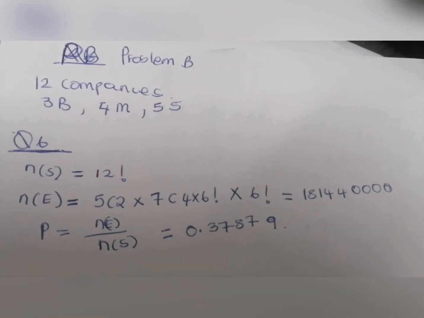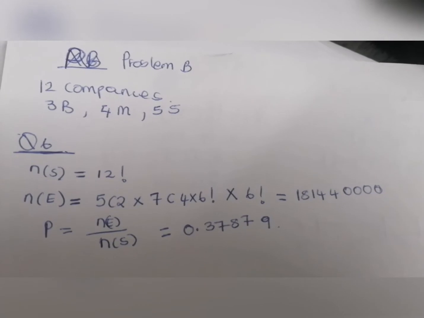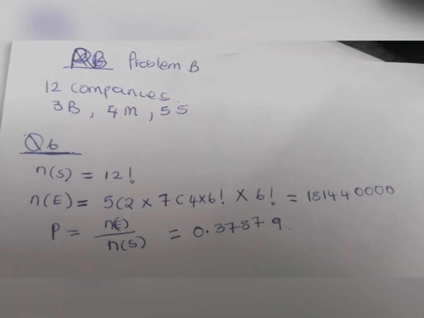Okay, this is how we obtained the answer. So again, okay guys, you will see that I didn't do question 7, and the reason is that last year we wrote the test and, of the options A, B, C and D, the correct answer wasn't D, right?